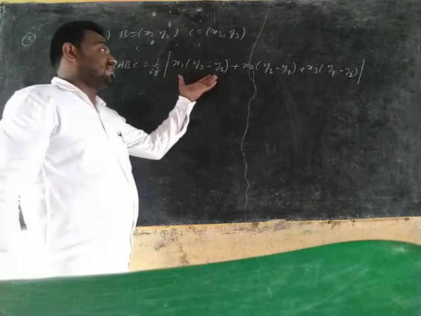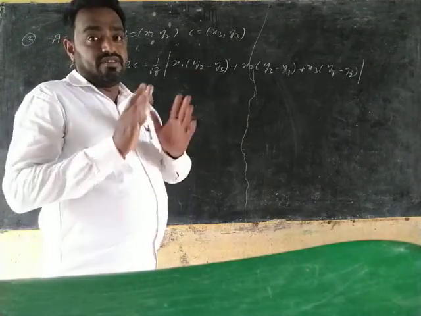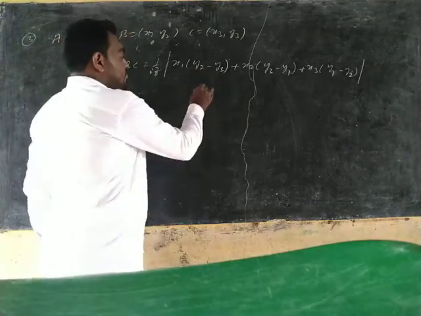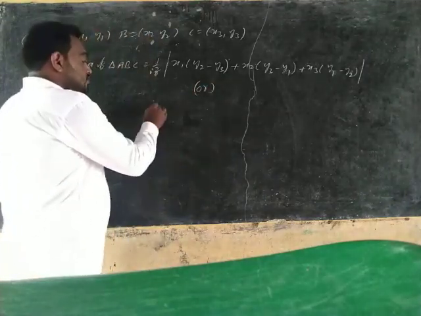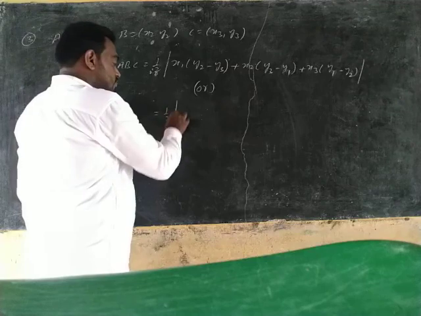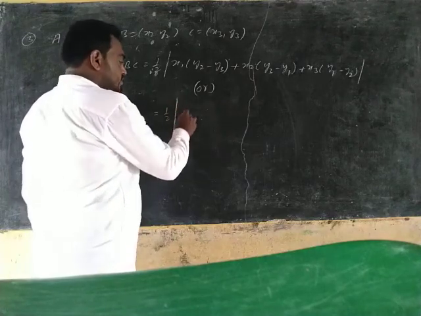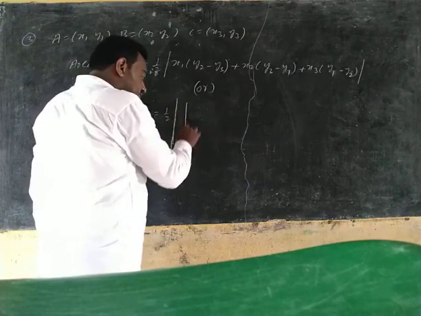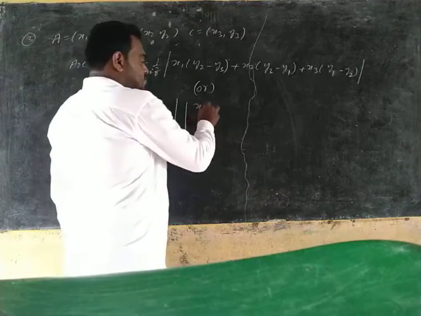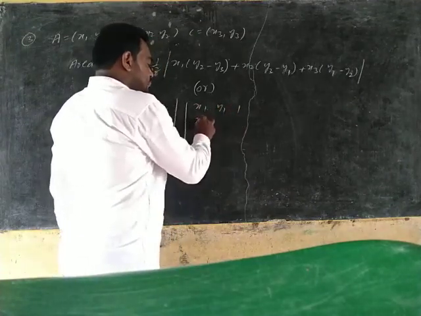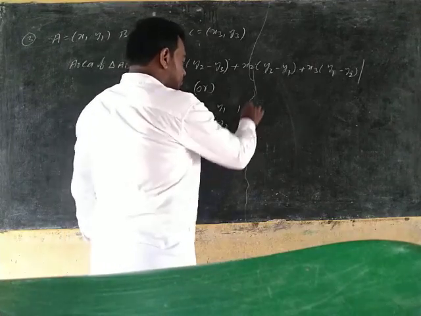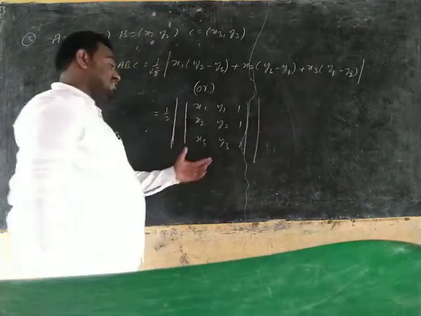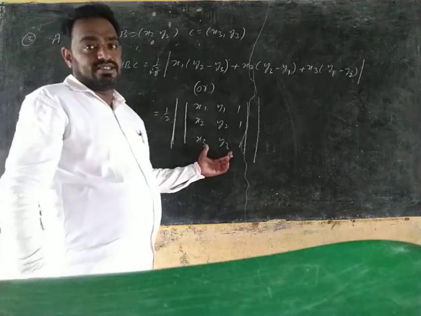This one we are using in school level only, but we have another formula, you see. The area is equal to half modulus of the determinant of the matrix with rows x1 y1 1, x2 y2 1, x3 y3 1. This is a 3 cross 3 matrix.